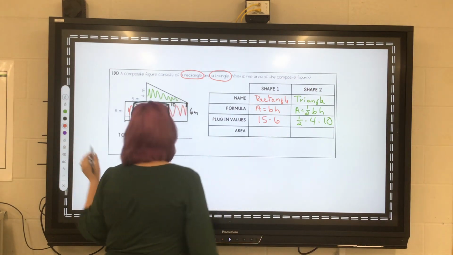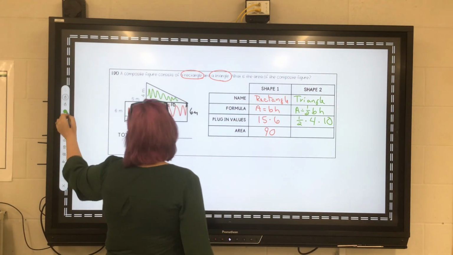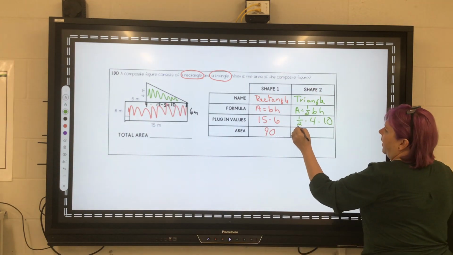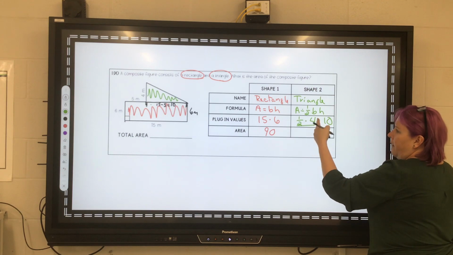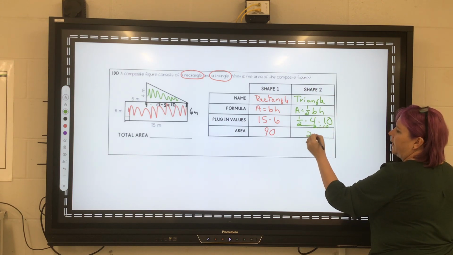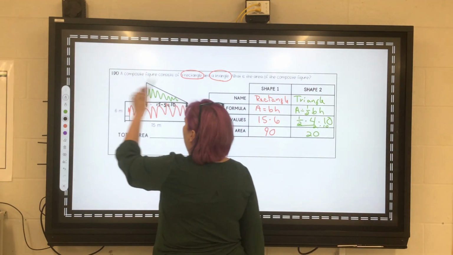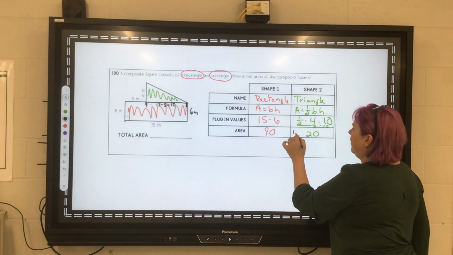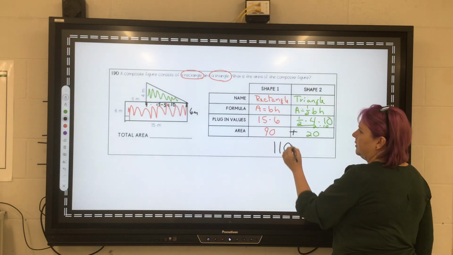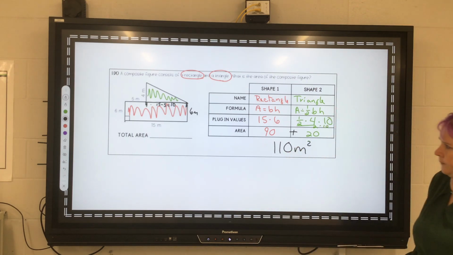Now I'm just going to go through and multiply. 15 times 6 is 90. And then I've got a half times 4. Half of 4 is 2 times 10, so that gives me 20. So now to find the whole shape, I'm going to add these two together. 90 plus 20 is 110 meters squared.